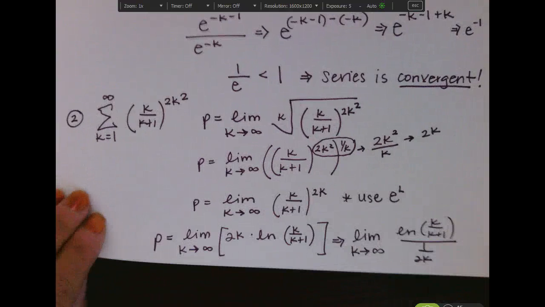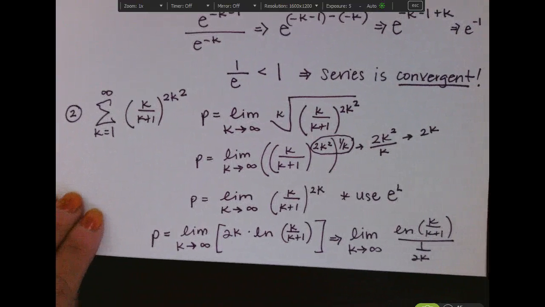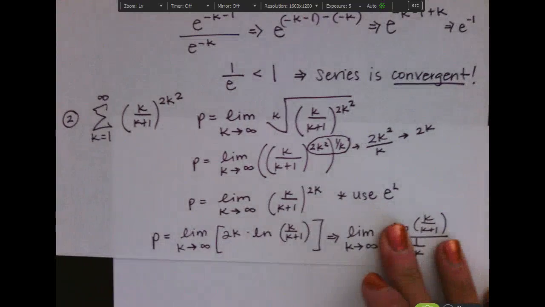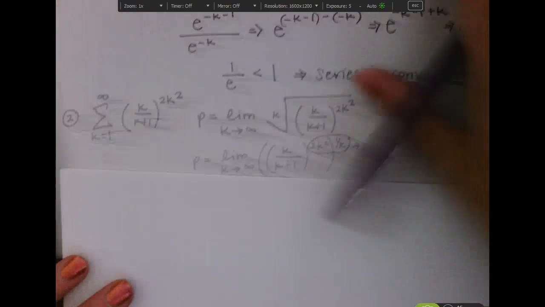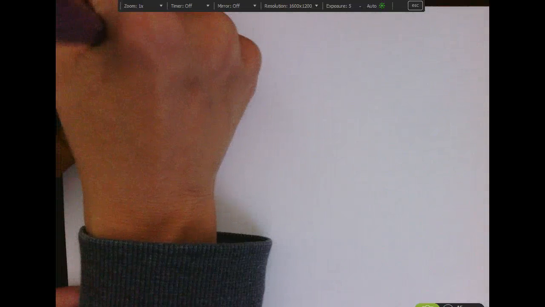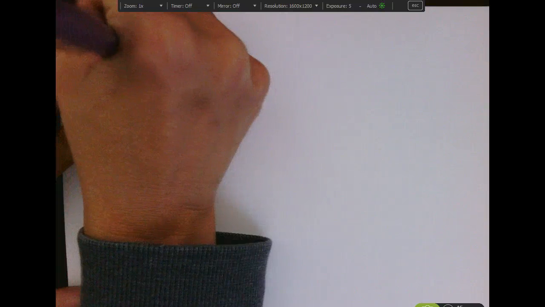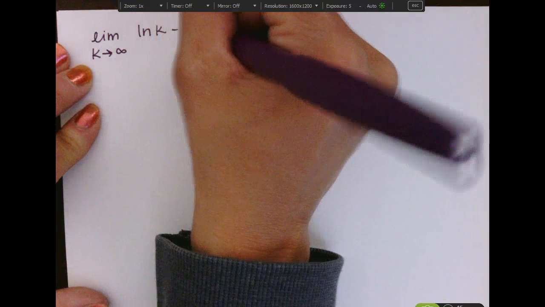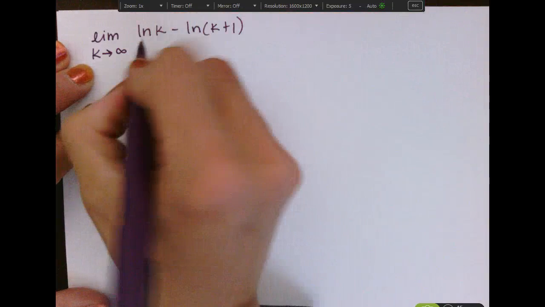Okay, let's continue and use L'Hopital's rule to find this limit. So I've got the limit as k approaches infinity of this natural log of a quotient, which I can break up into a subtraction, properties of logs here.